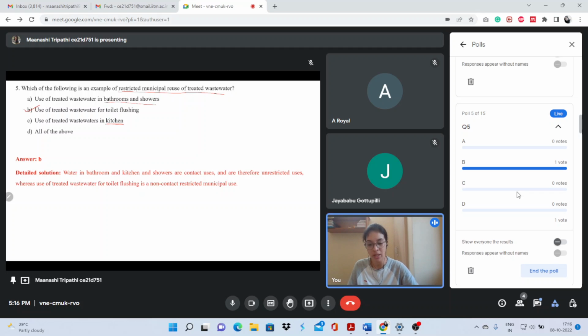So that is why the most common application of treated wastewater is toilet flushing. Here, no contact between your body and the water is there, so it is the most accepted. So this will be the easiest way to reuse the wastewater.